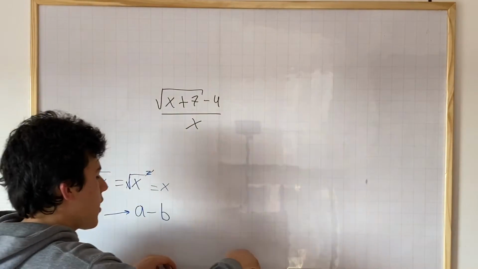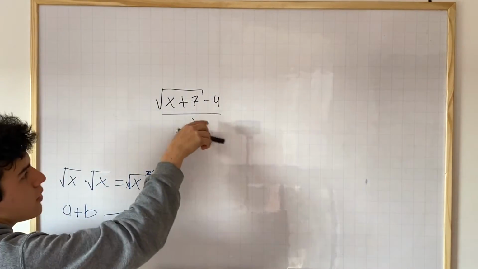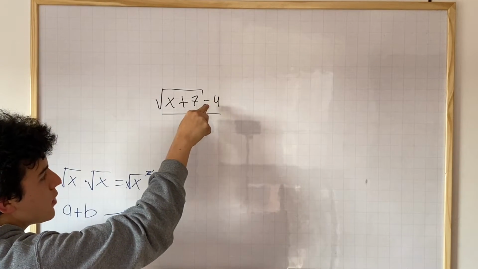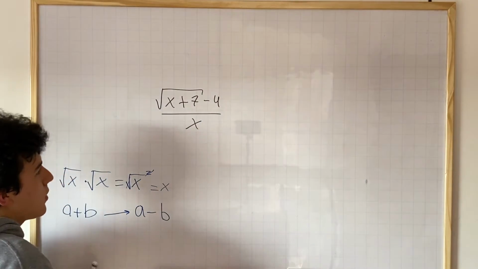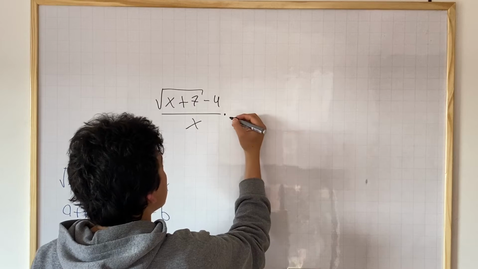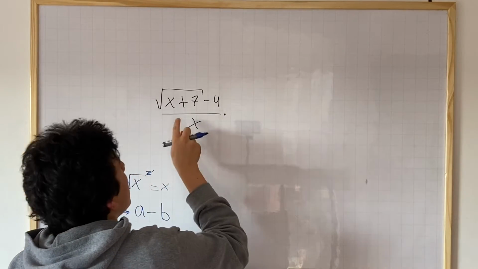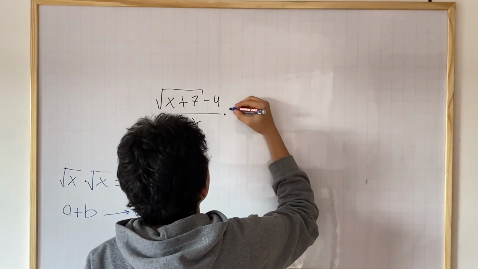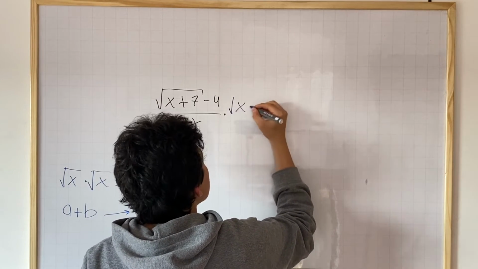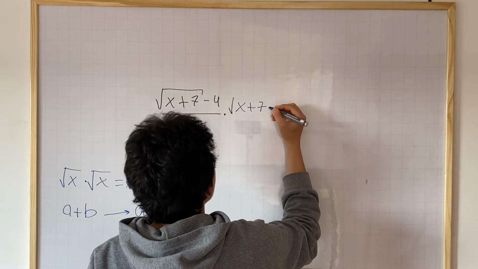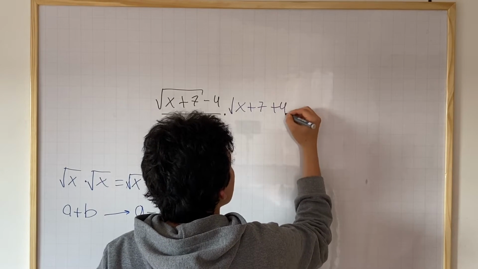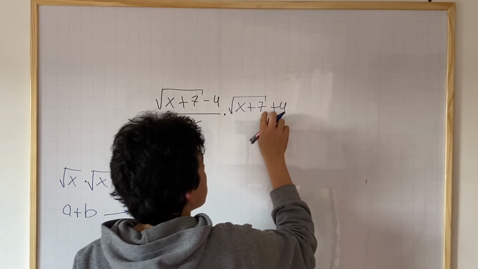So now in this case, how do we do it? Well, remember that you're going to multiply the conjugate of the numerator, top and bottom. So I'm going to grab another marker. Now you have the square root of x plus 7 plus 4. Let me close the square root here.